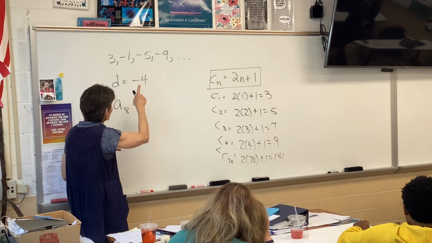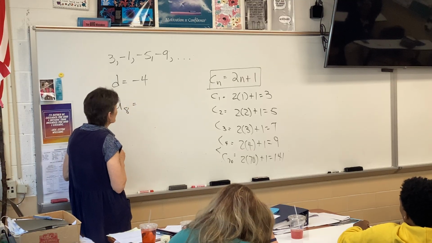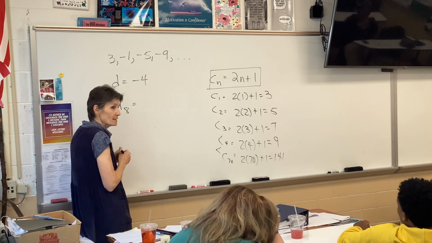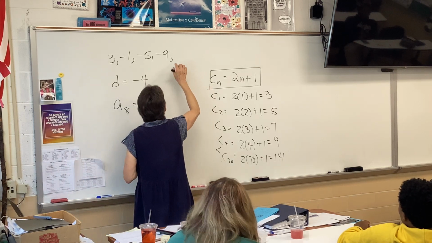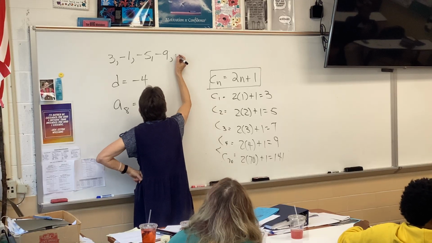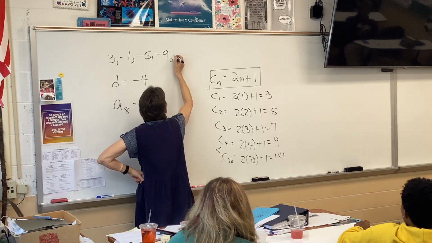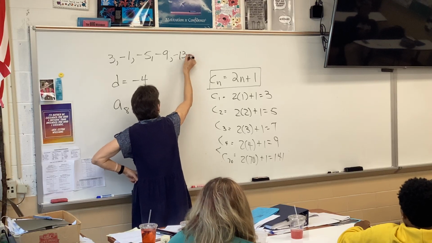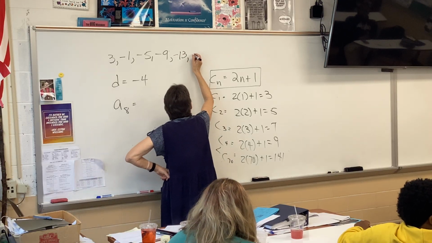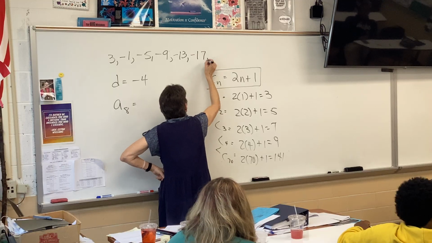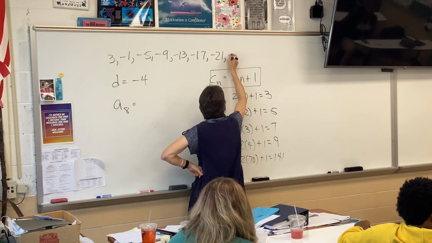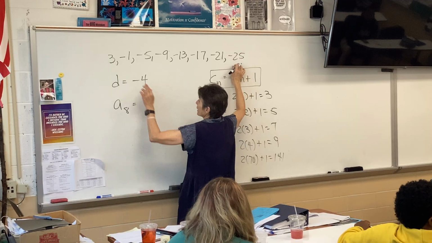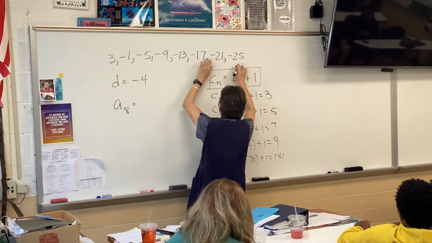Well, how many do I have up here on the board? 4. Could I keep my list going? The next one would be -13, and then -17, -21. I think that's the one I want, right? 1, 2, 3, 4, 5, 6, 7, 8.